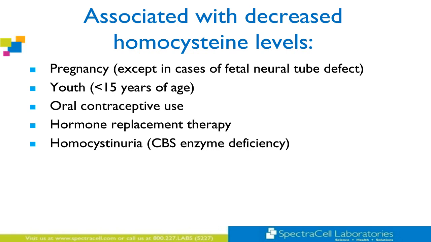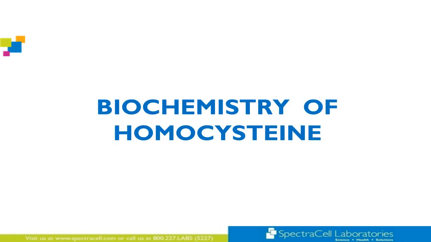And low homocysteine, too low, could also be a herald for some problems in the CBS enzyme problem area in the transsulfuration pathway. So let's go on to the biochemistry of homocysteine.